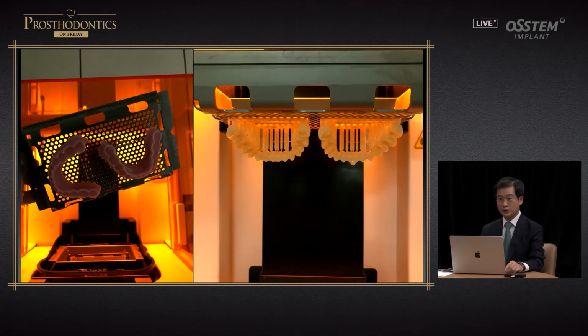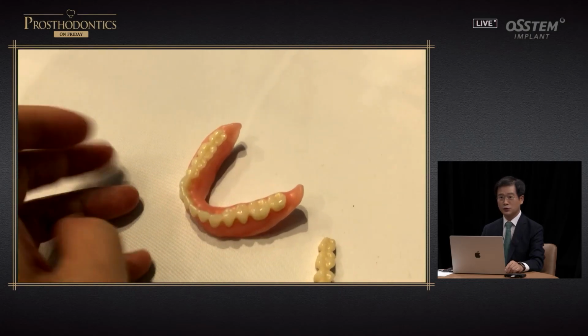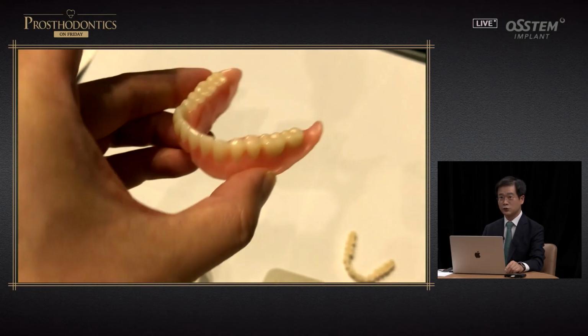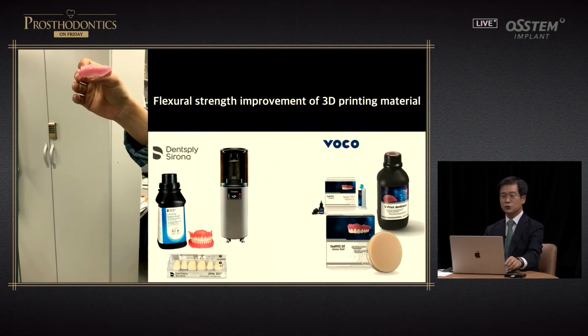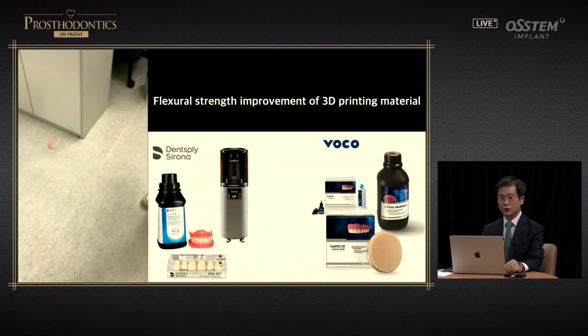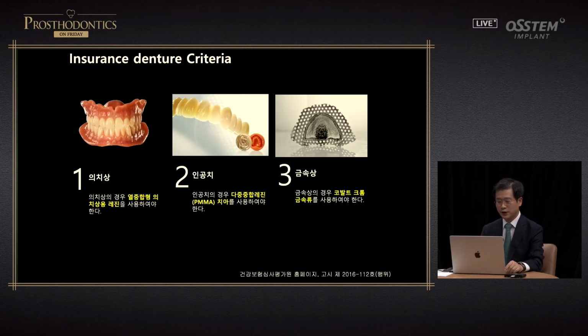With 3D printing, if you create it like this for removables, it's really good. You could also use that first for the try-in. And now we have materials that are very hard, good against any fractures.